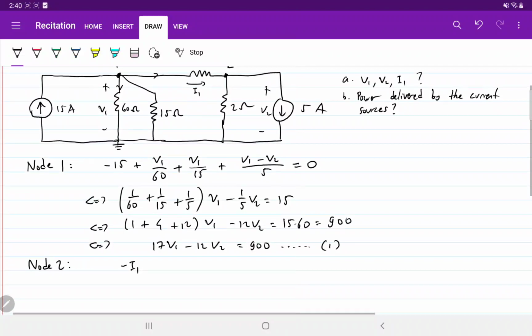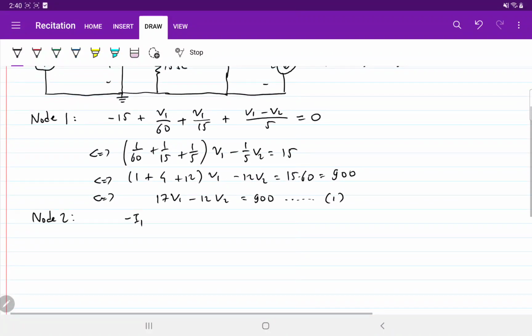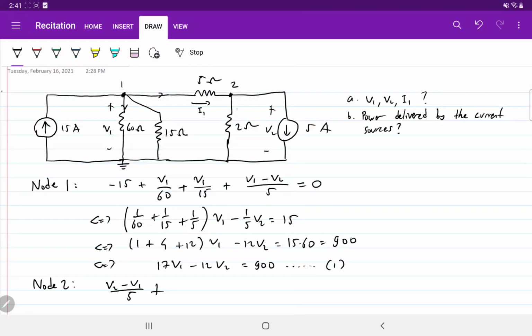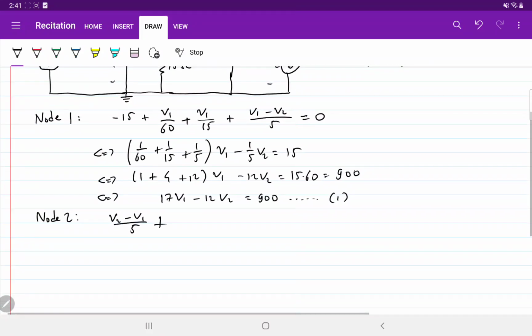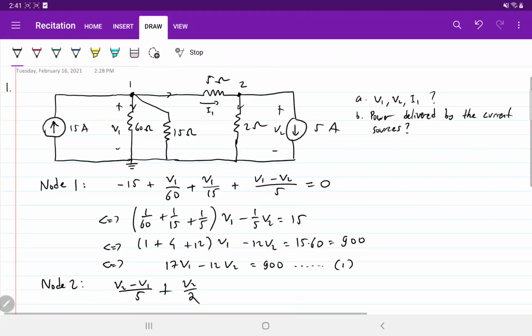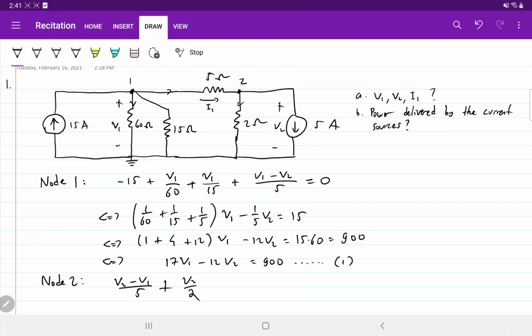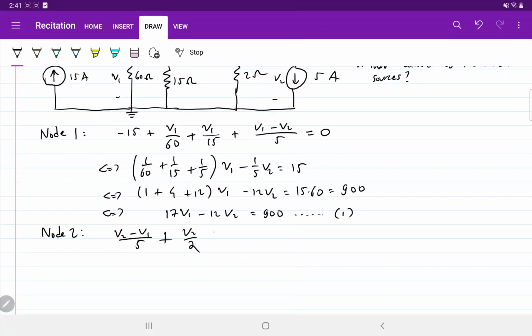But since this is I1, then minus I1 is the opposite of this, so you put a negative sign, so you have V2 minus V1 over 5, plus the current going through this branch, V2 over 2, and then the current from this current source, whose direction is going out from the second node, so we have plus 5 there.